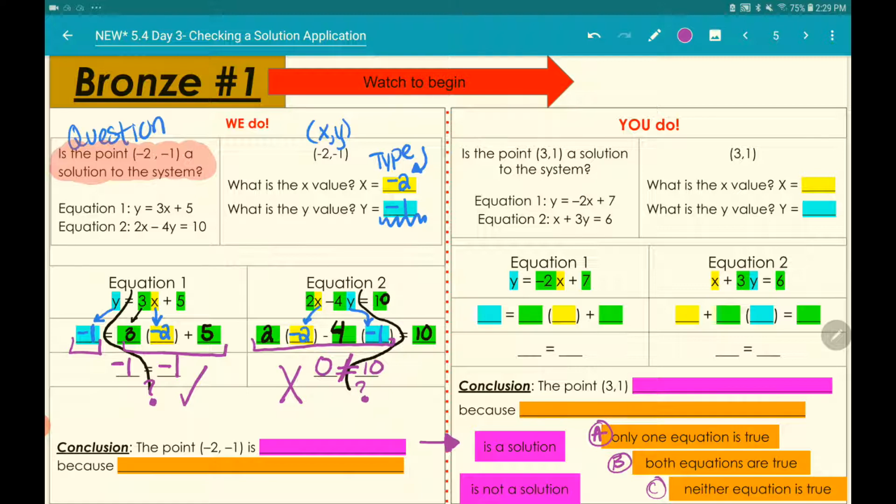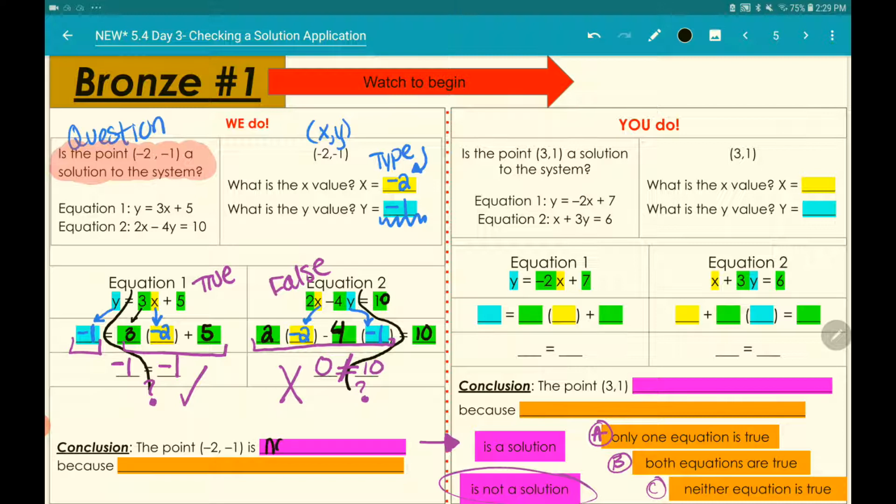So are both equations true in this case? No, they're not. Only my equation 1 was true. So this one was true, this one was false. That means this point is not, well, let me use a different color, that one's hard to see.